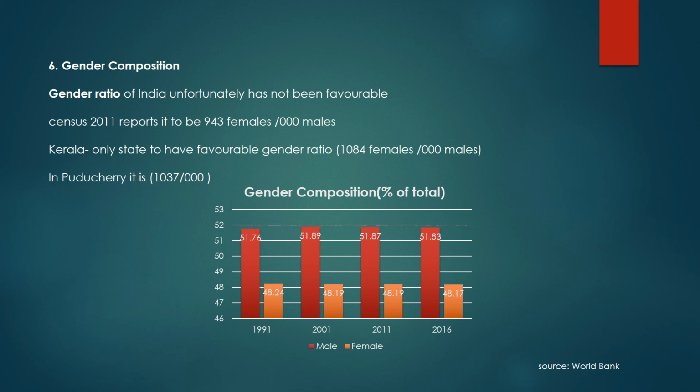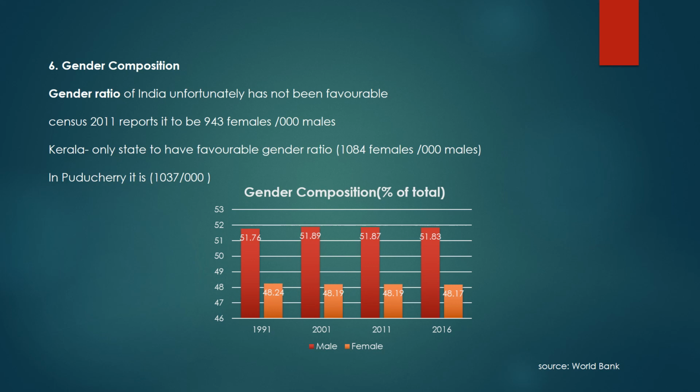Kerala is the only state which has a favorable gender ratio of 1084 females per thousand males. Next is Puducherry where it is 1037 females per thousand males, whereas Haryana with 877 females per thousand males had the most inequitable ratio in the country as per the 2011 census report.